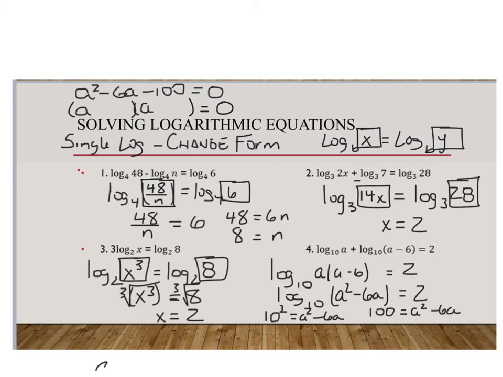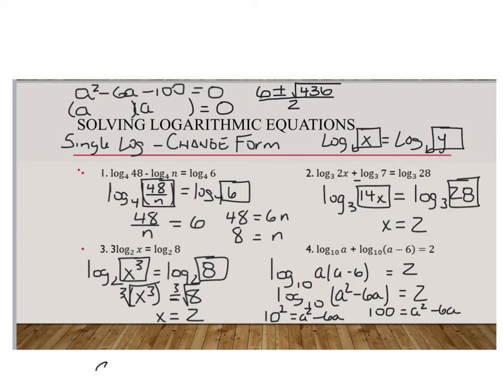So I'm going to use the quadratic formula, which is going to be negative b, so that'd be positive 6 plus or minus the square root of my discriminant, b squared minus 4ac: 36 minus 4 times 1 times negative 100, which gives me 436, divided by 2a, which would be 2.